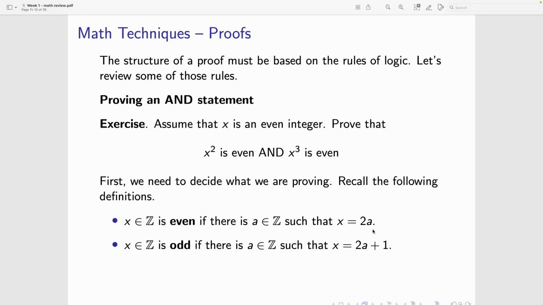So 2 is even because 2 equals 2 times 1. 4 is even because 4 equals 2 times 2. You get it. So to show that x squared is even and x cubed is even, it suffices to prove both of them separately.